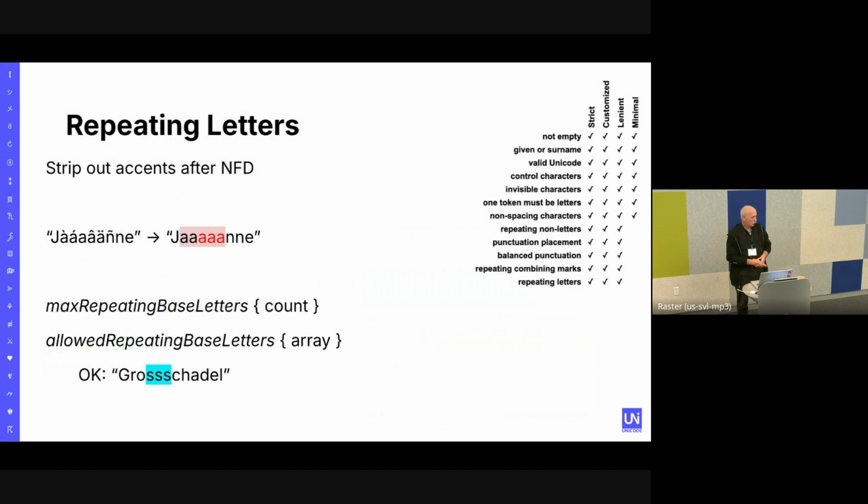Then repeating letters: you want to not allow long sequences of the same letter. So the way that would work is, again, you do the normalization form D so you can get all the accents, throw out the accents, put it back together, and you say, what are the sequences of letters that I have? In doing analysis across millions of names, I have not seen any Latin strings with 4 or more of the same character in a row.